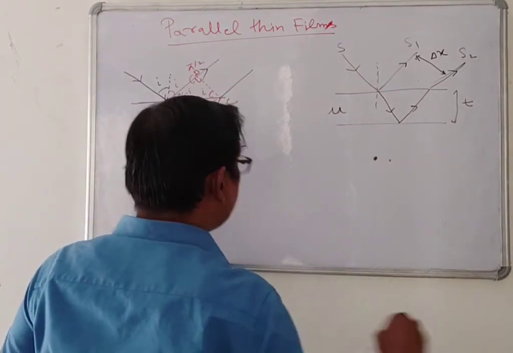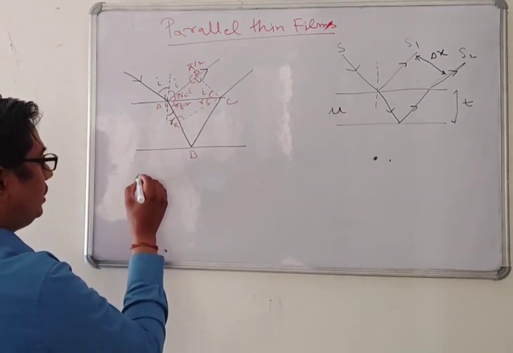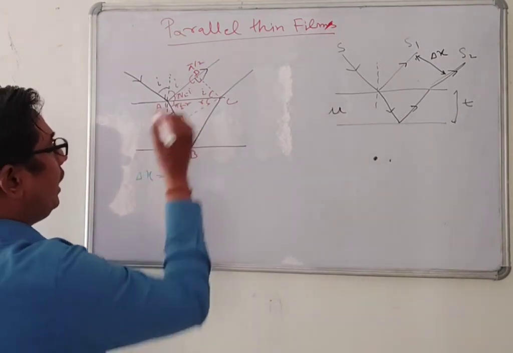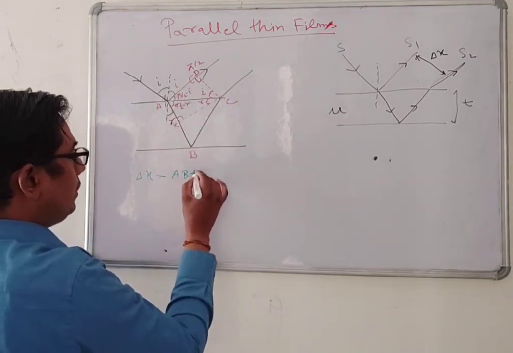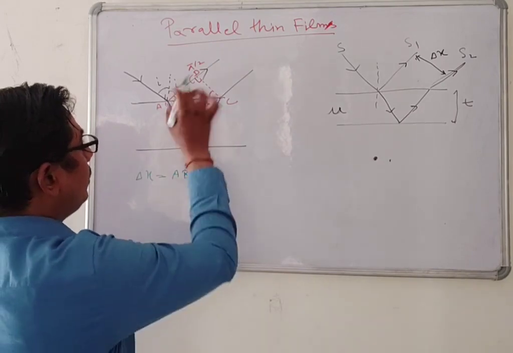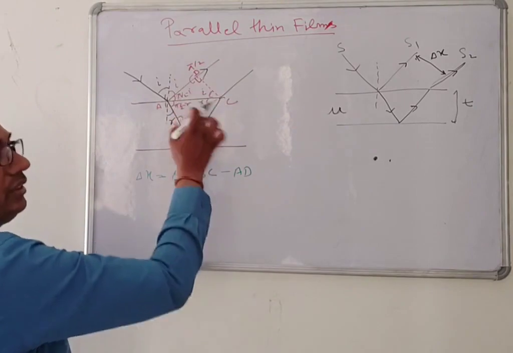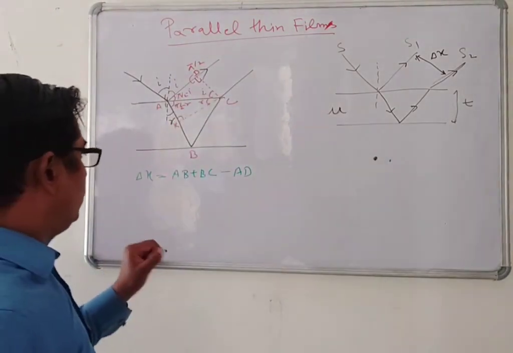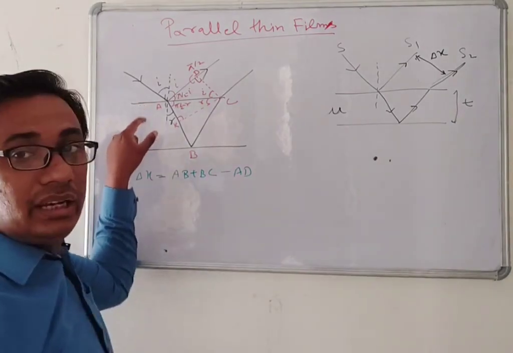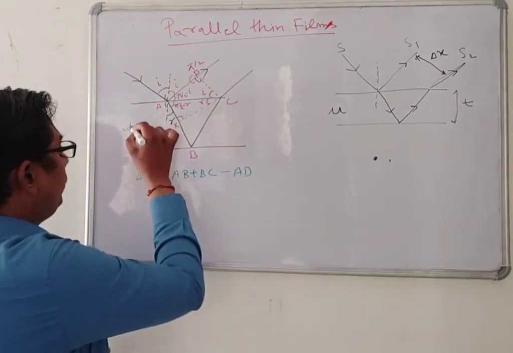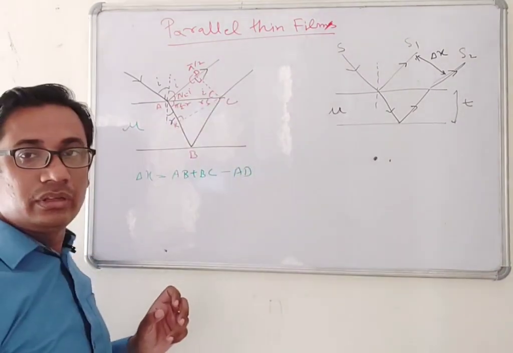What is the path difference? The path difference delta x is AB plus BC minus AD. But here the light is coming in a denser medium, mu is the refractive index of the air film.